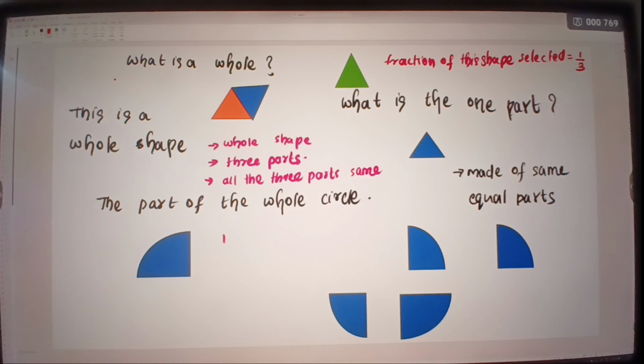I selected one part out of a total of four parts. So 1/4, or a quarter. 1/4 is called a quarter. So the fraction is 1/4 or a quarter.